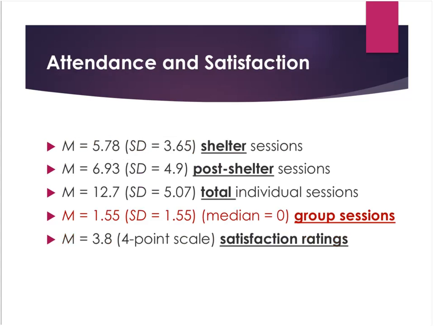So the first question is, our goal was to get them more sessions, right? So we expanded treatment in hopes that they'd actually be able to get more of the sessions available to them. Women on average had about 5 to 6 sessions in shelter and about 6 to 7 sessions after they left shelter, so about 12 to 13 of the 16 sessions available to them, which is pretty respectable and pretty consistent with what we see in other research.